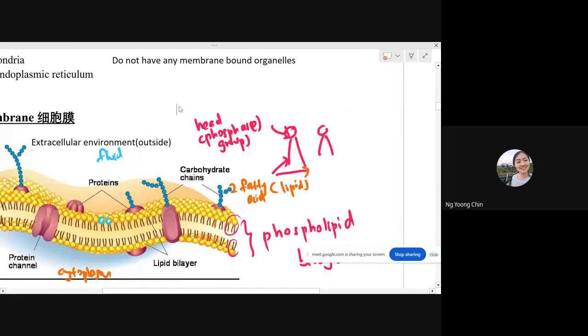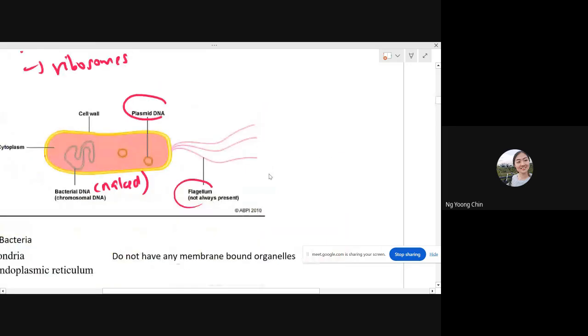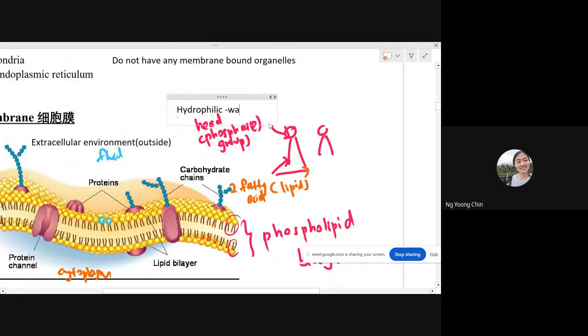Hydrophilic means water loving. They love the water, so they are facing outside to the water side, the extracellular environment, because it contains a lot of water.